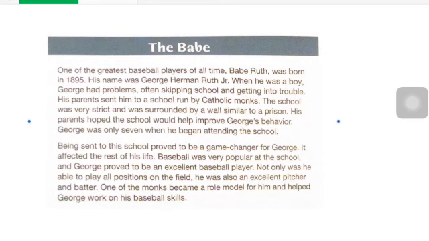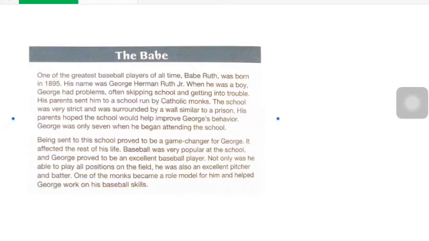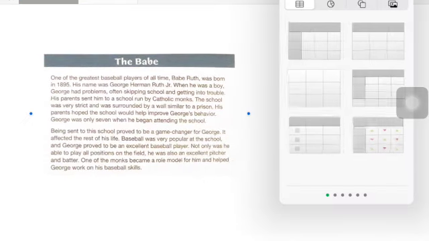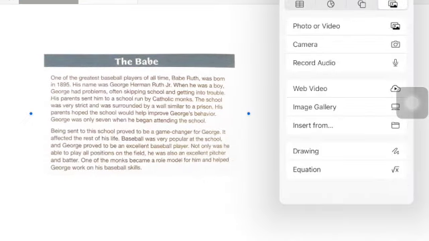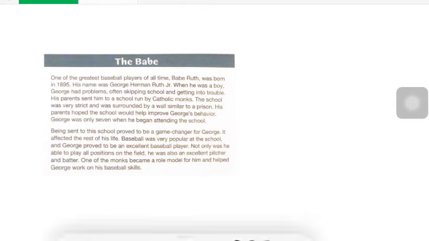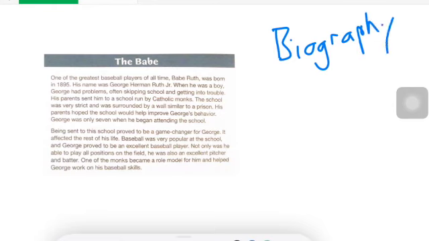But the thing about a biography, and I'm going to actually do some writing here, is that it is usually told in a specific kind of text structure.